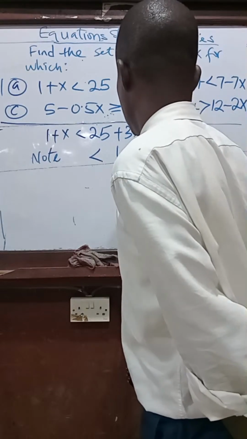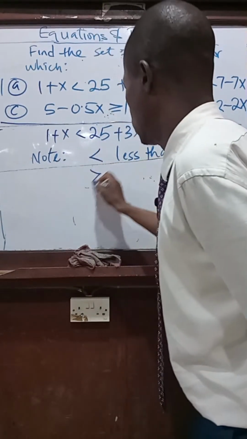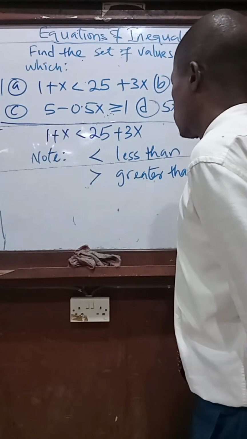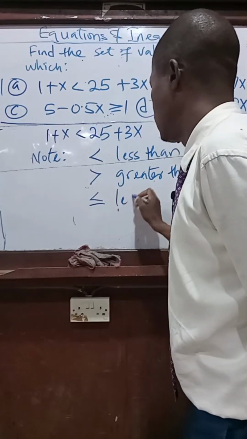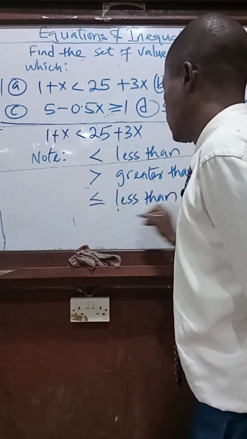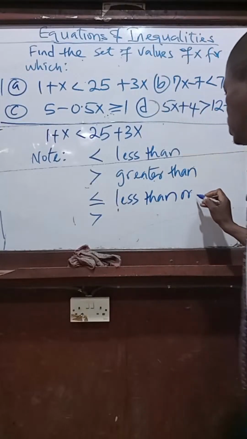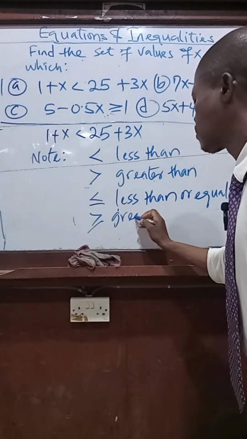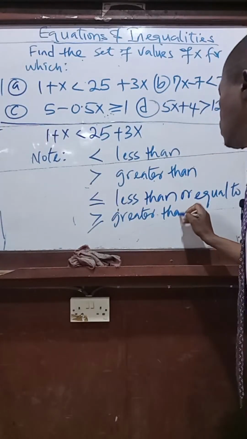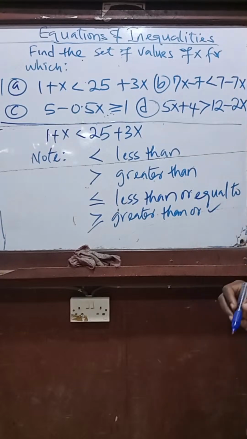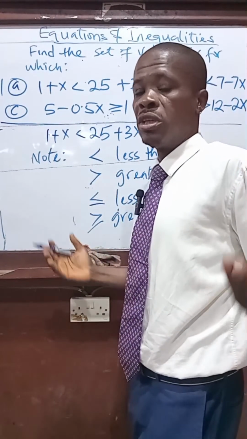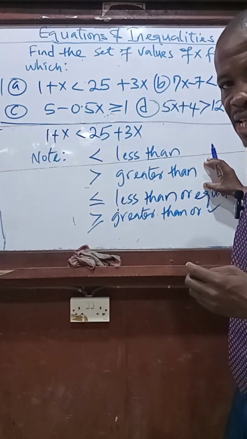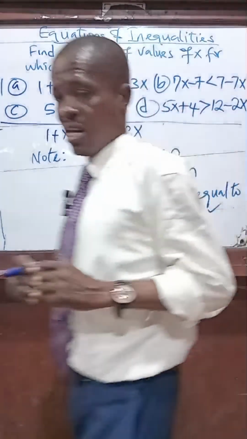This one is greater than, and this one is less than, and this one is less than or equal to, this one is greater than or equal to. This is an equation, but the equation involves this inequality sign.